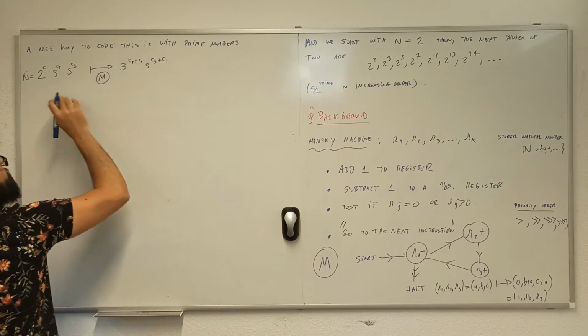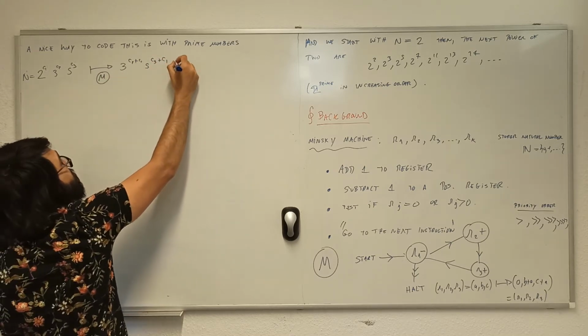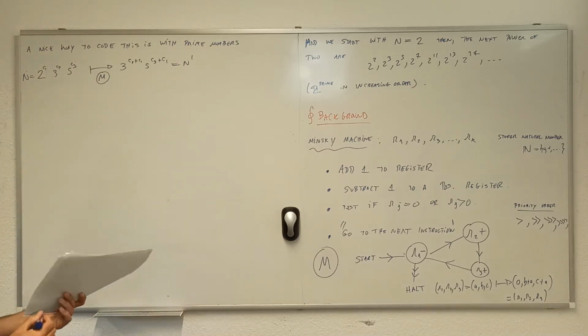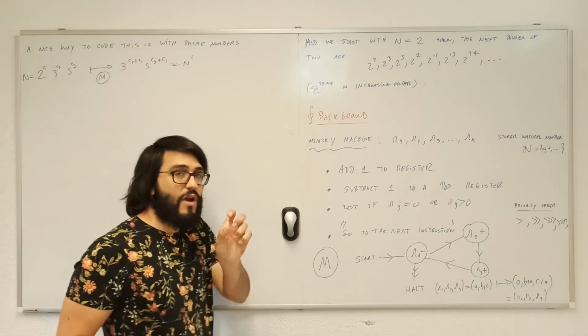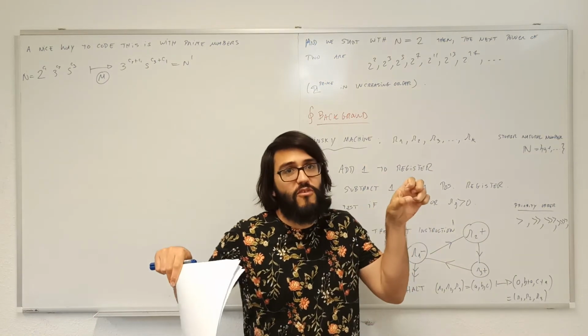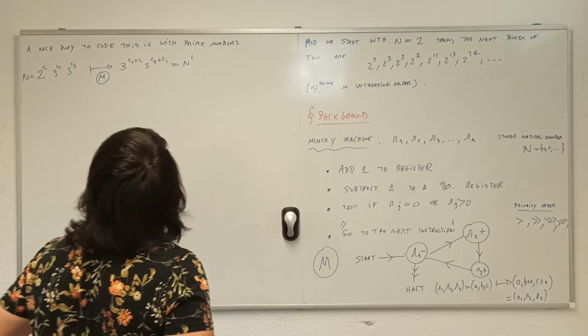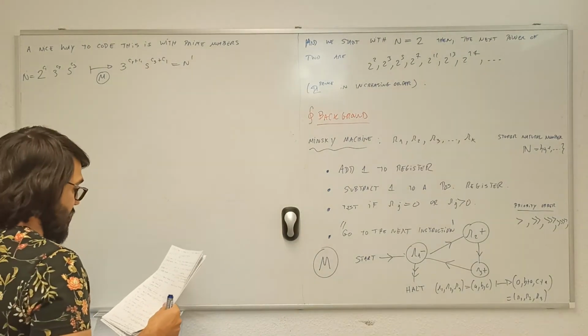So it's just mapping this integer to this other integer, using primes. Okay. So you can think of the prime numbers as being the registers of the natural numbers.